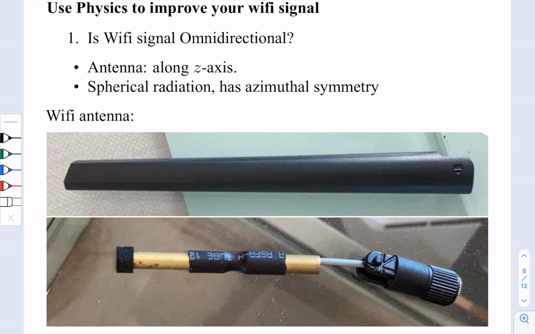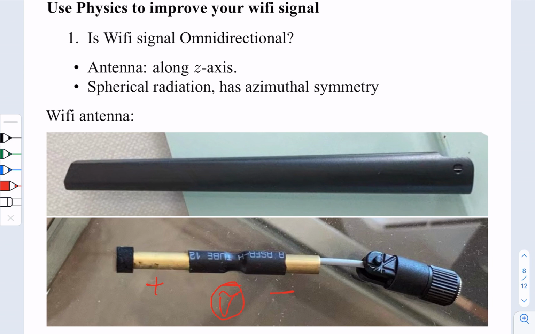One is a positive charge side, one is a negatively charged side, and there is a wire connecting these two metals, with a voltage difference that is an AC voltage, and the frequency of that driving force will be exactly the same as your Wi-Fi frequency.